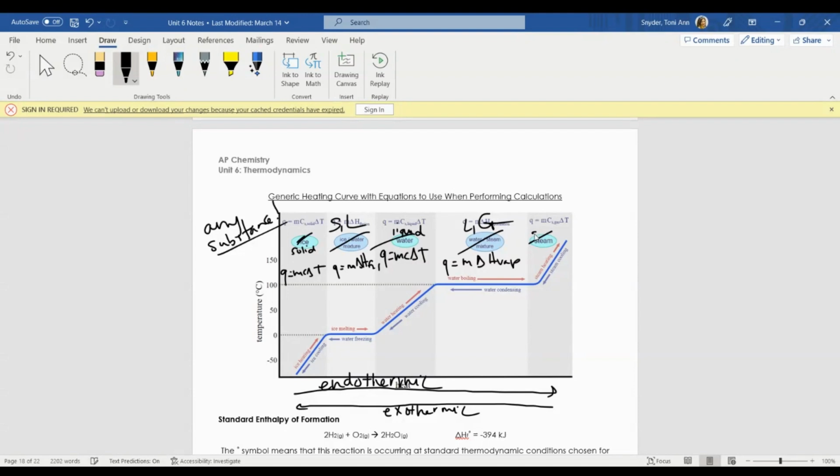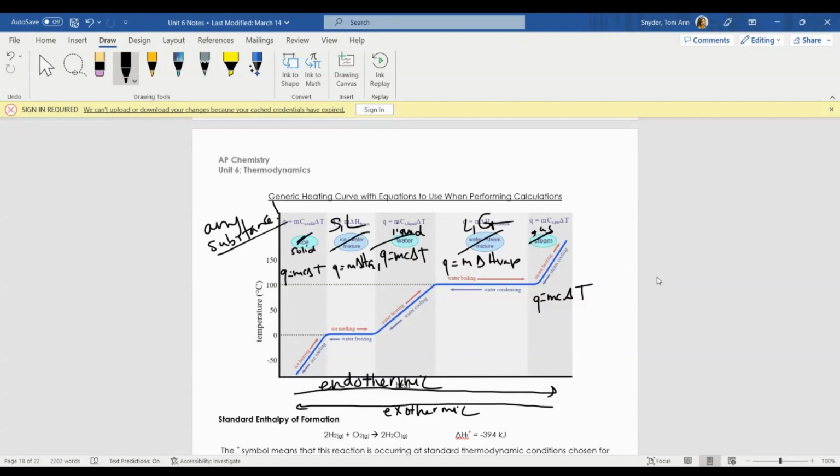Finally, if I have a gas and I'm raising the temperature of the gas without going through a phase change, I would use the equation again, Q equals MC delta T. Because I could change the temperature of a gas, a liquid, or a solid when I'm not breaking any intermolecular forces.